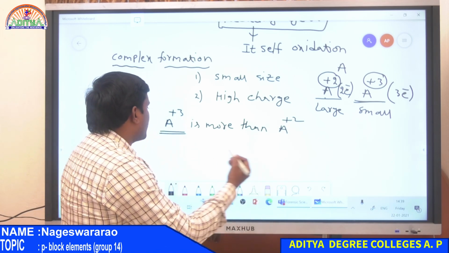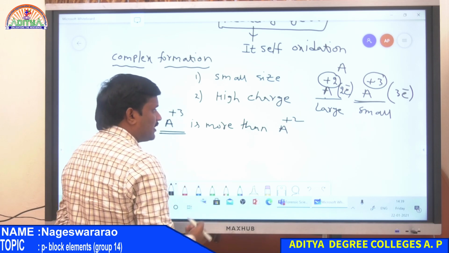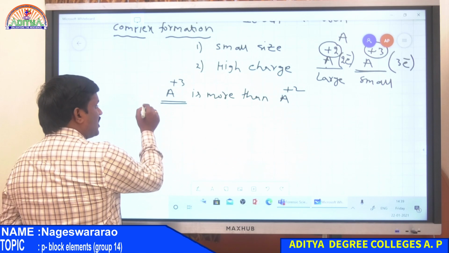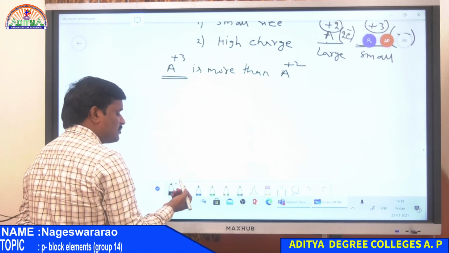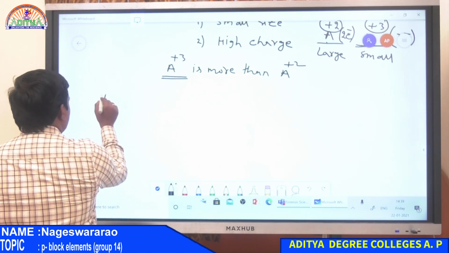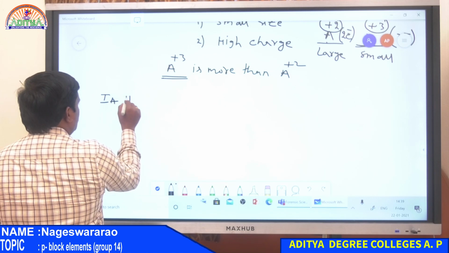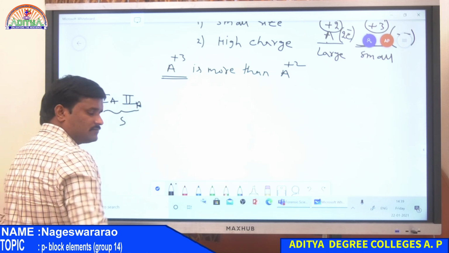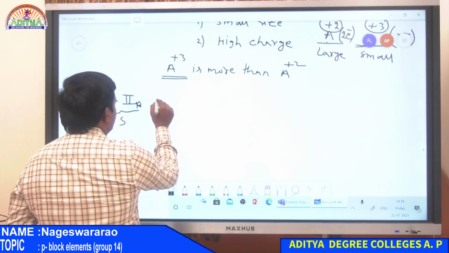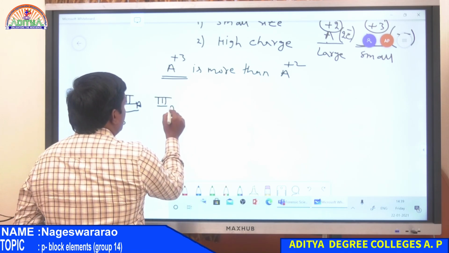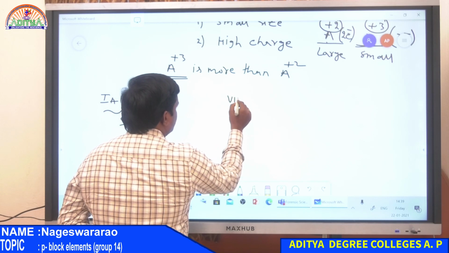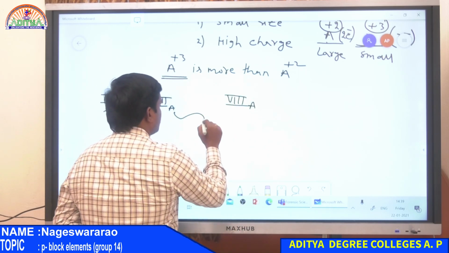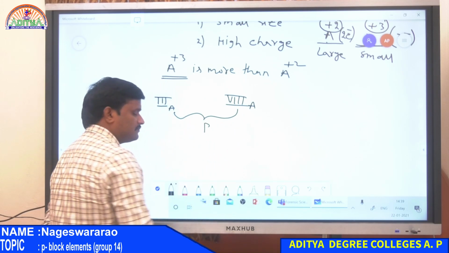Now, in our boron family, from top to bottom, size increases, and also compared to S block elements. So, what are the S block elements? First A group, second A group. So, these are S block elements. Next, the remaining elements from 3A group to 8A group are all P block elements.